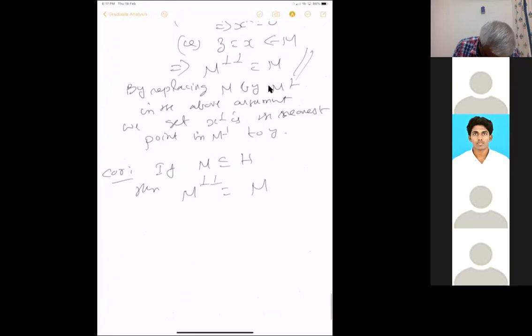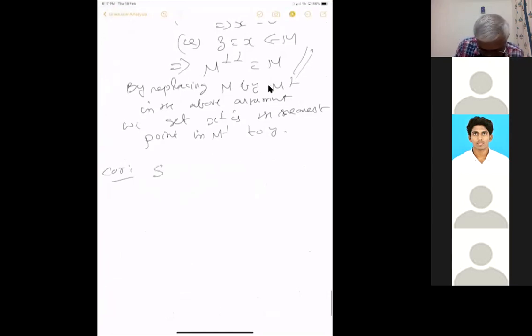Now we can say something more. If S is any set contained in H, then for any set, S perp is a closed subspace.